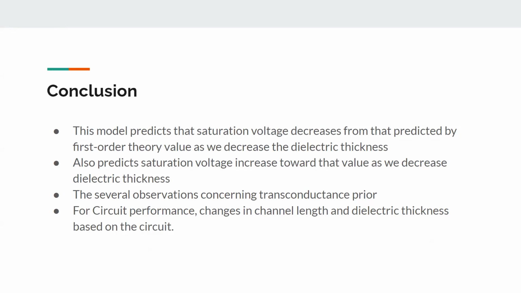We also saw several observations concerning transconductance in prior slides, and in figures 11 and 12, the two graphs. And for circuit performance, as mentioned previously, changes in channel length and dielectric thickness can improve circuit performance based on whether it's a gate capacitance limited circuit or a parasitic capacitance limited circuit.